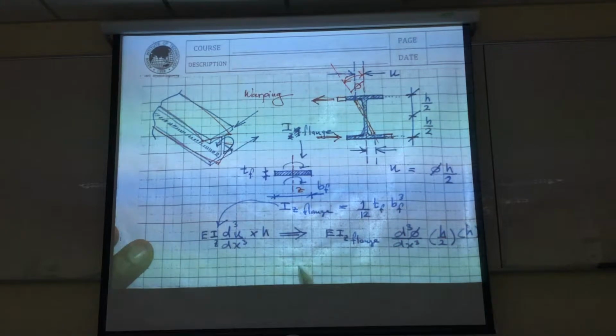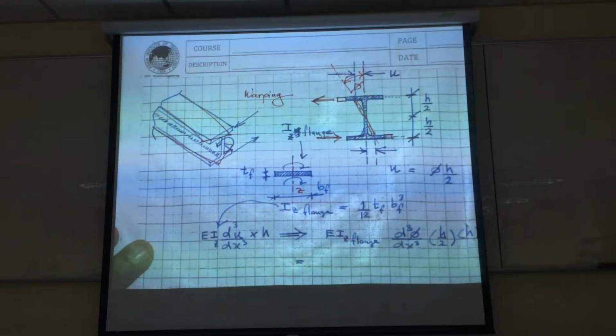So turns out we have, and then I substitute terms. For E, nothing to substitute, but I have 1/12 there, t_f b_f cubed, h squared over 2 there, and then the third derivative with respect to x cubed.